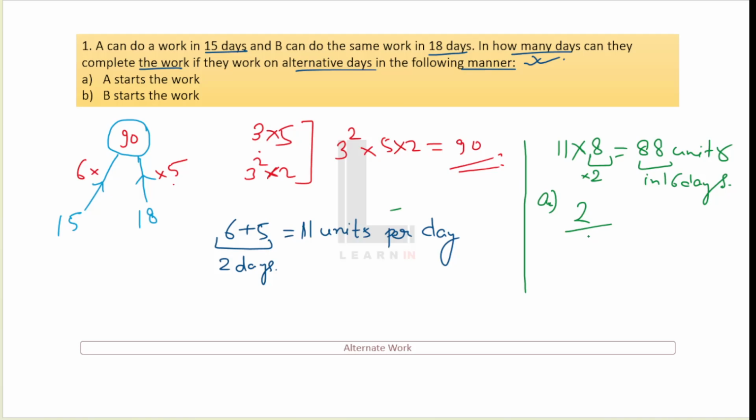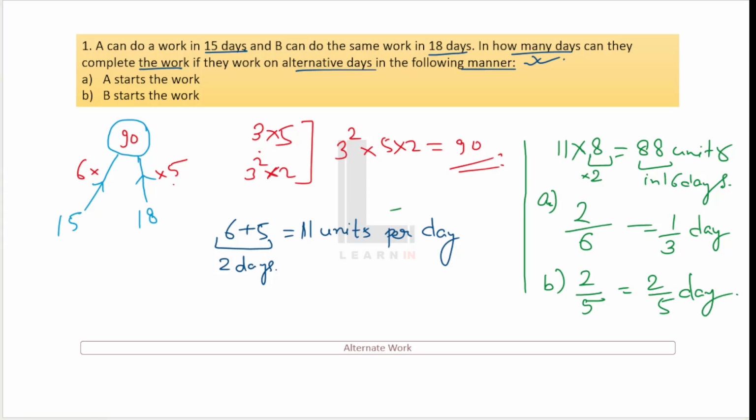And now, since A's efficiency is 6, we would need to divide it by 6. So 1 upon 3, in 1 upon 3 extra days, we would be able to do the work. Now when B would be working, we would put 5 here and we would be able to do it in 2 upon 5 days, right?